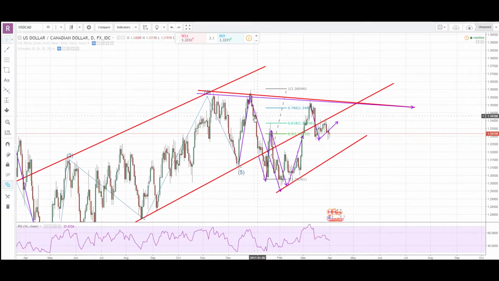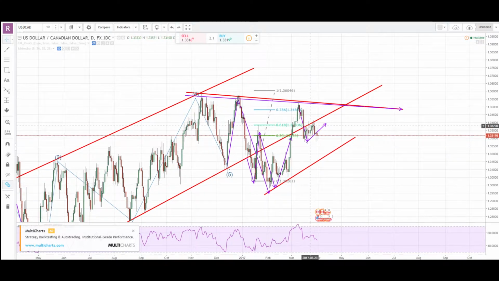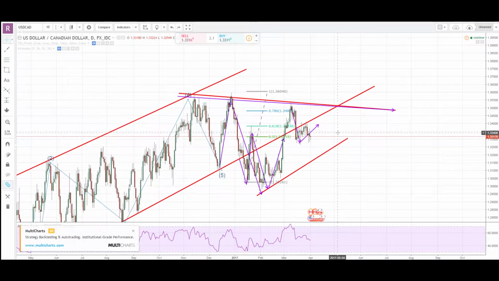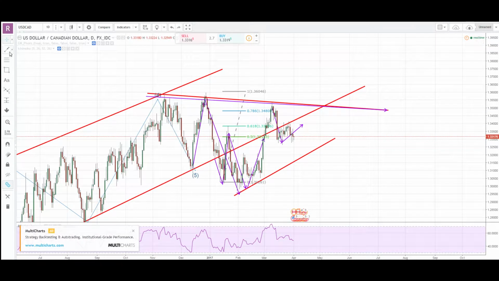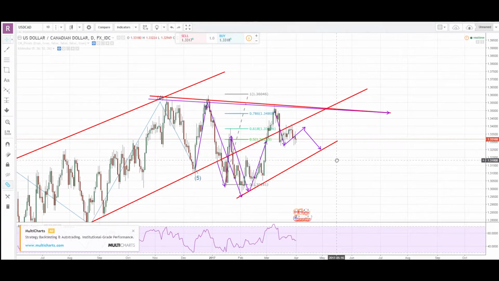So as our rules say, what should price do in the next days? Price enters the channel, touches the top, went down, broke, retested, so it should go down right here for this channel.